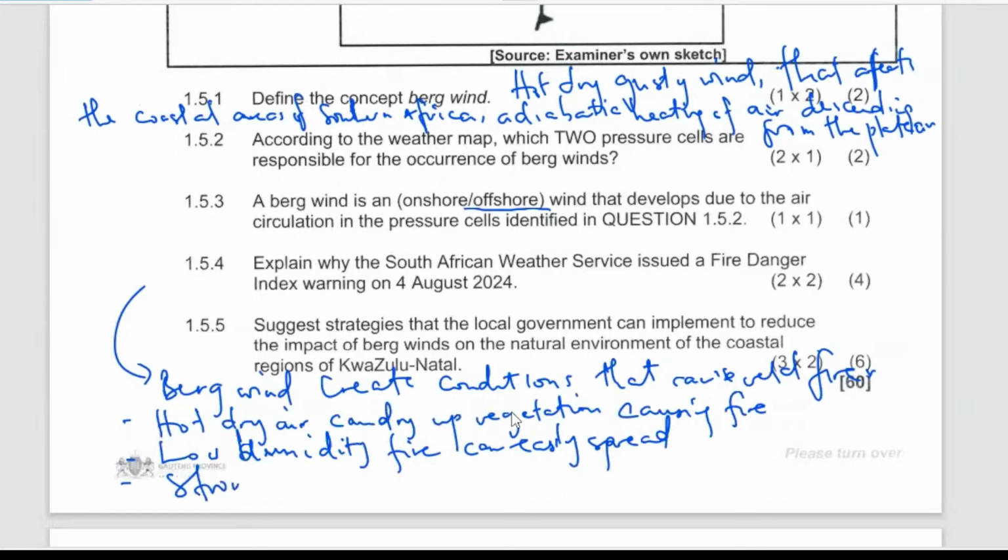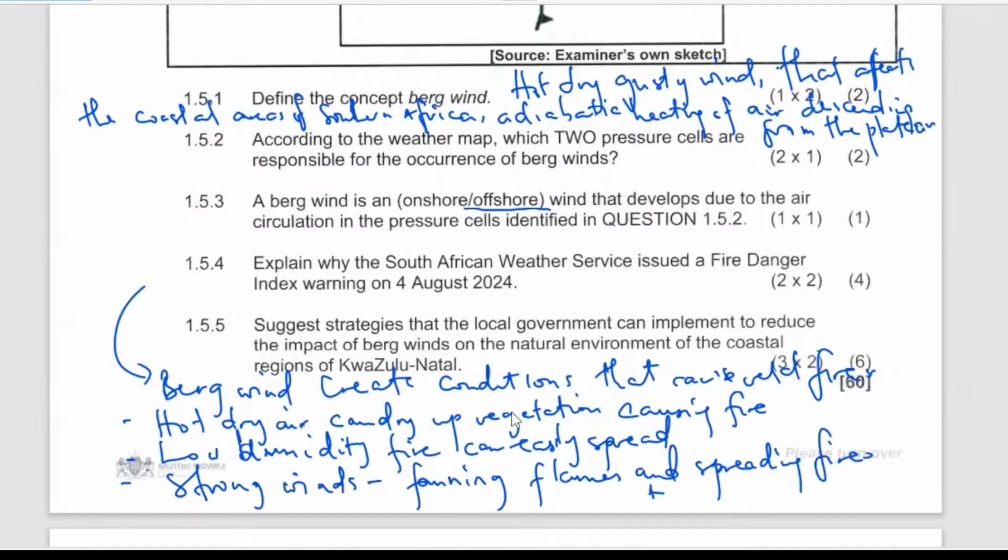We said it has gusty winds, which are strong winds, and strong winds have the capability of fanning the flames and spreading fires rapidly. So those conditions associated with the Berg winds facilitate the development of wildfires.